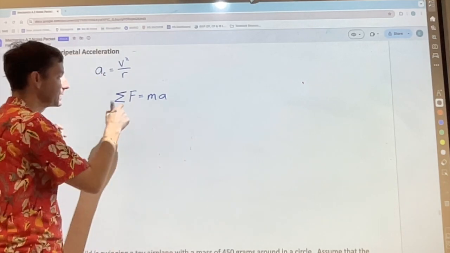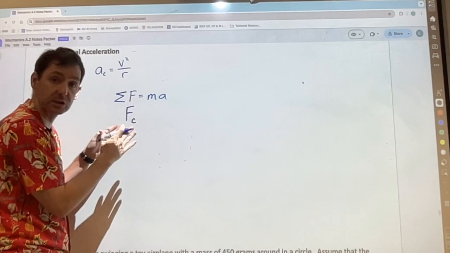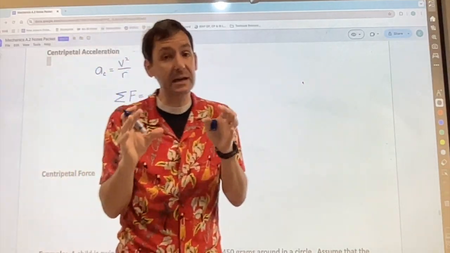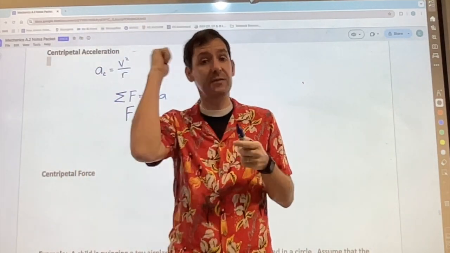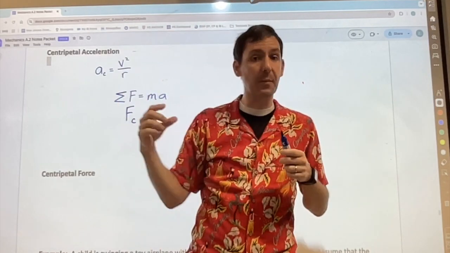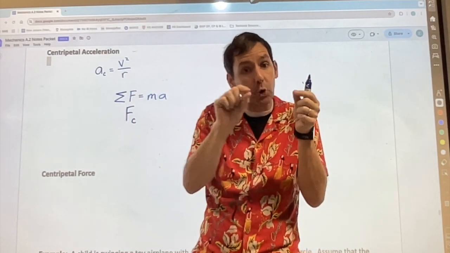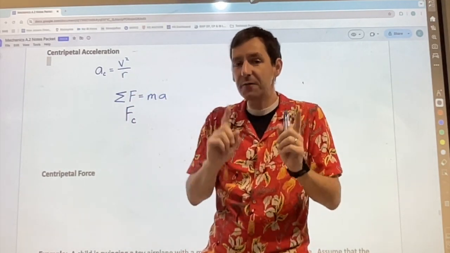Now, if the centripetal force is the net force, then it is causing the centripetal acceleration. In other words, if the sum of the forces is the centripetal force, which again might be a single force, like in class we did the tension as the minion was going horizontally around my head. When the string was at an angle, it was just the horizontal component of the tension.